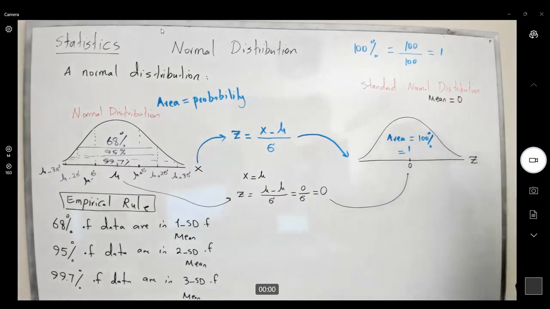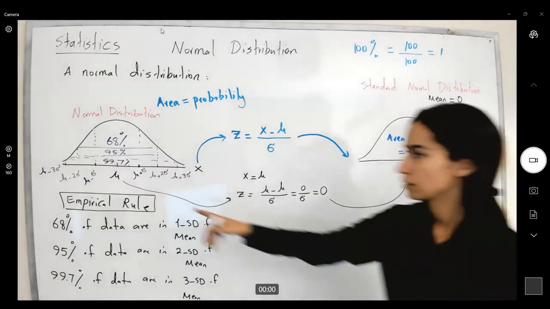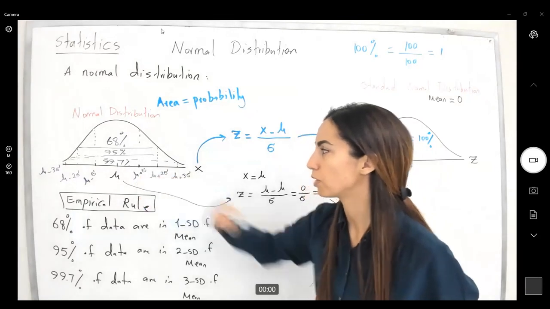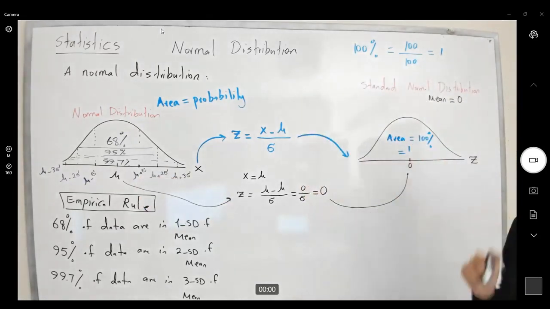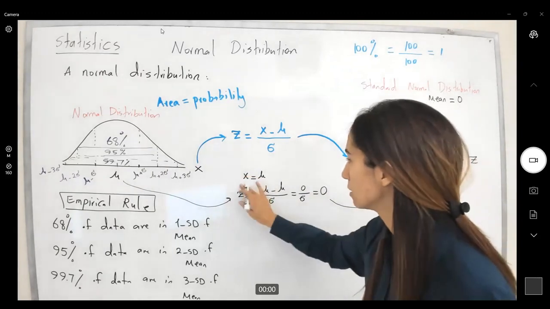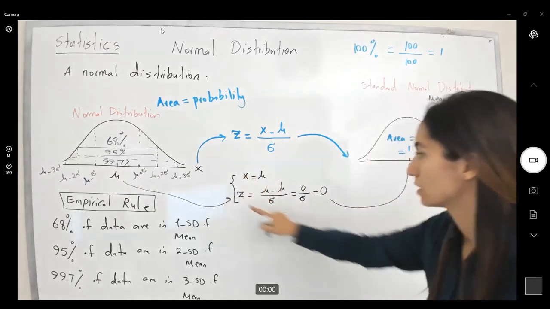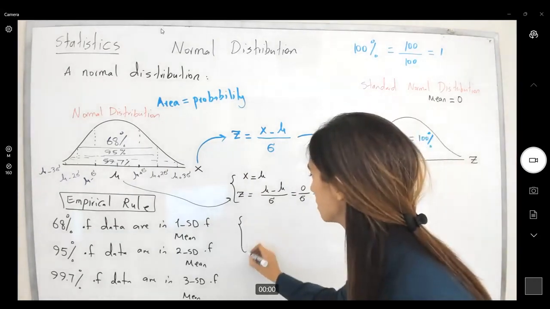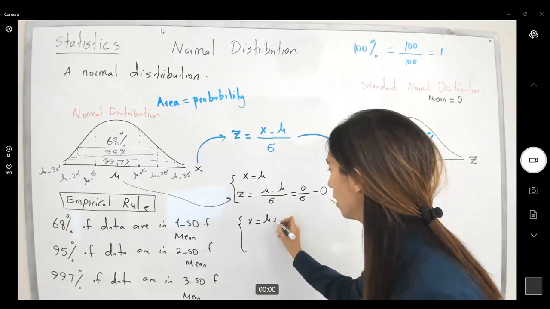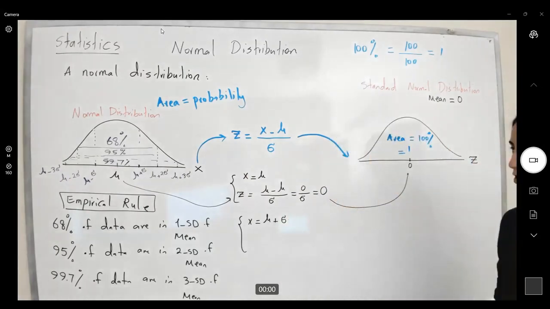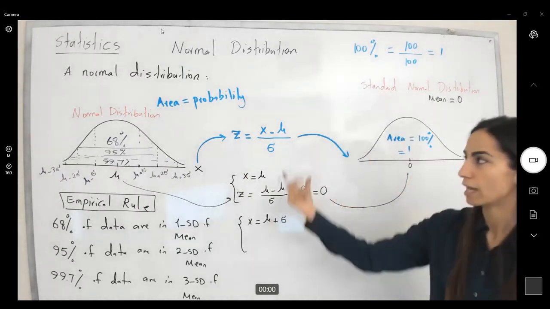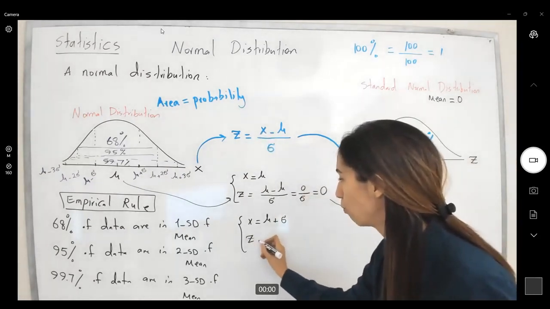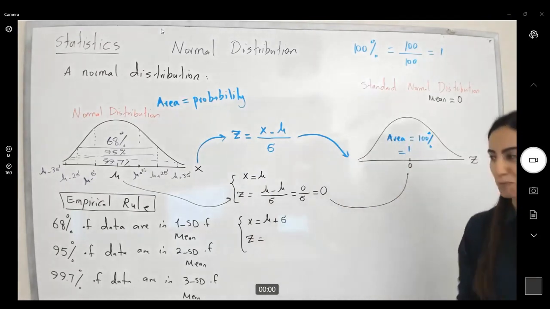Okay, very good. So the next x value that I'm going to use is mu plus sigma. For x equal to the mean, z is 0. Now, if x is equal to mu plus 1 standard deviation, and I plug this x into this machine, what is the value of z?